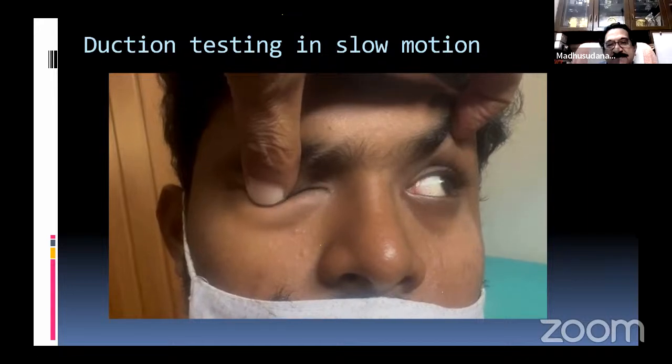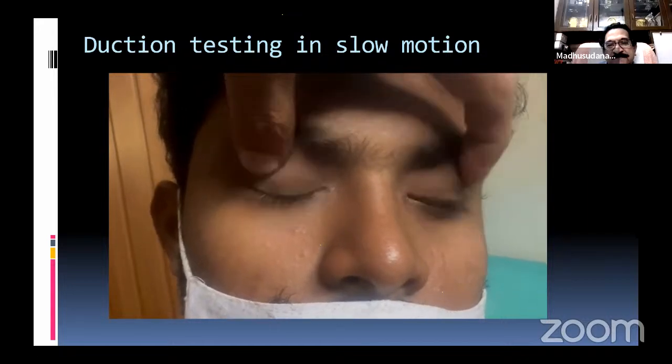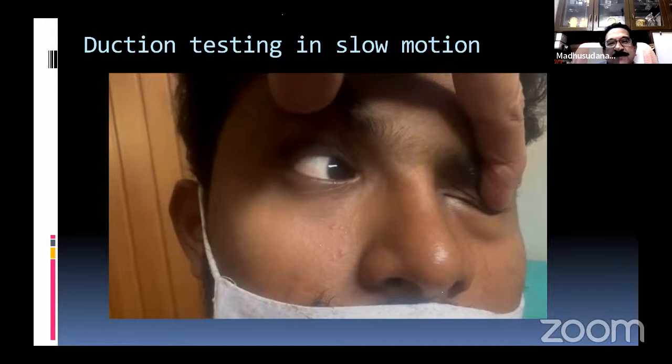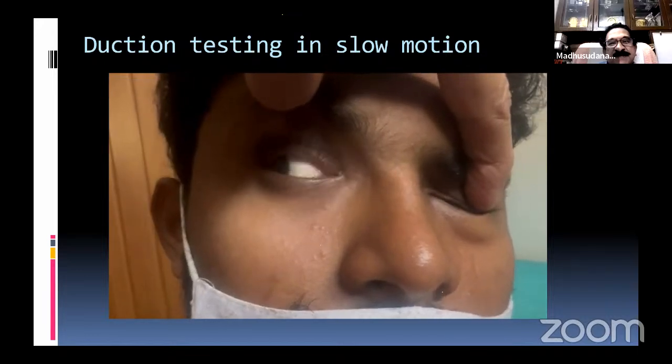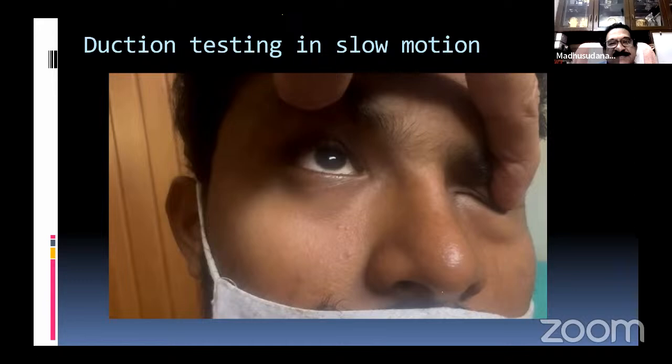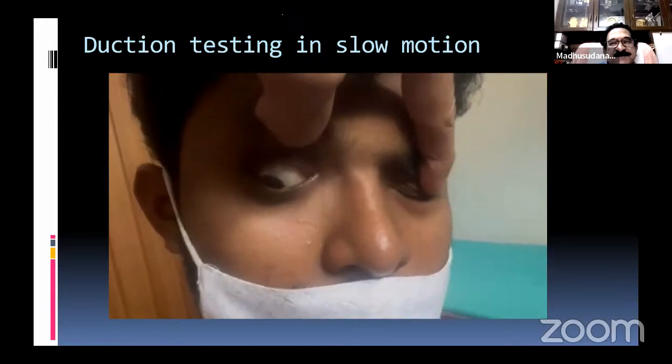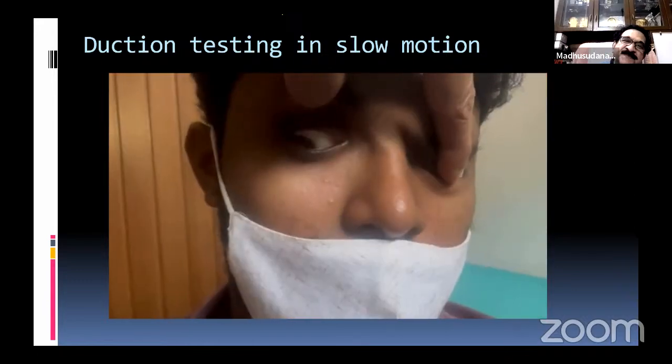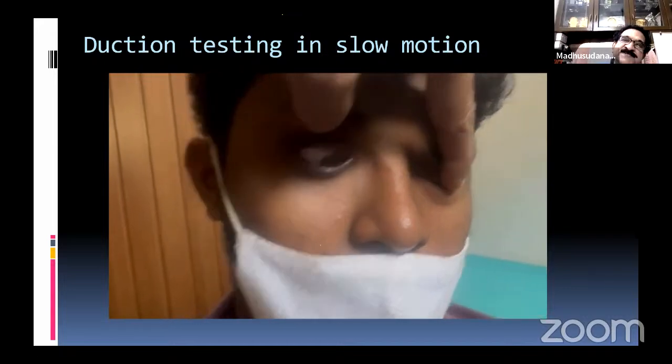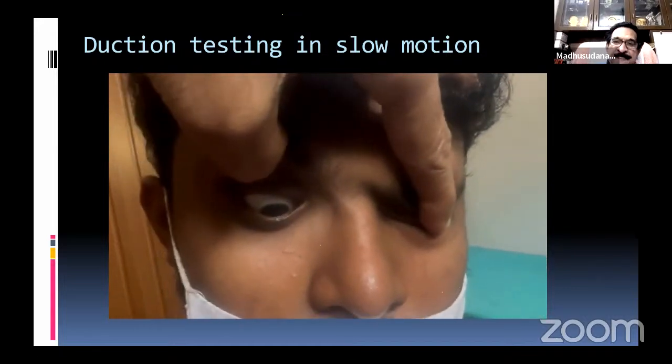Now closing the left eye. Again, full range of movement: adduction, abduction, elevation, depression, also very good depression. This is also very good depression in the adducted position, correct?